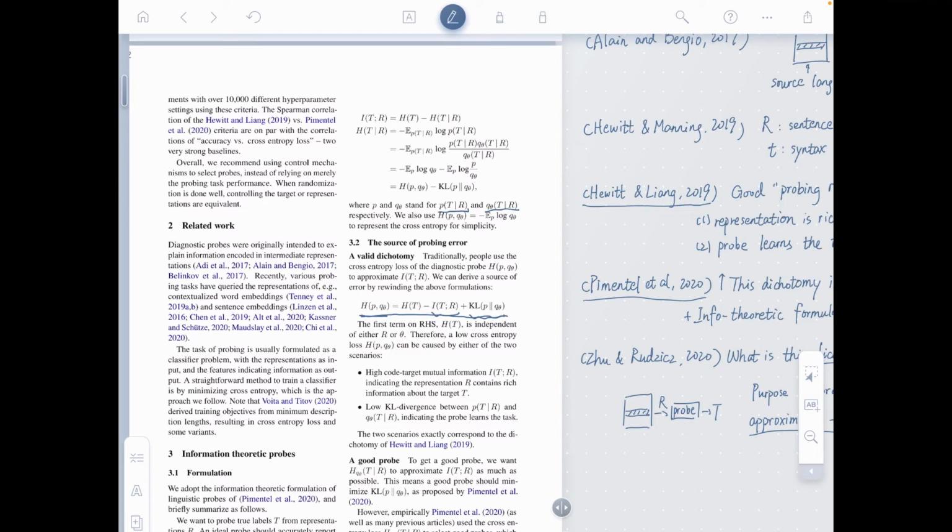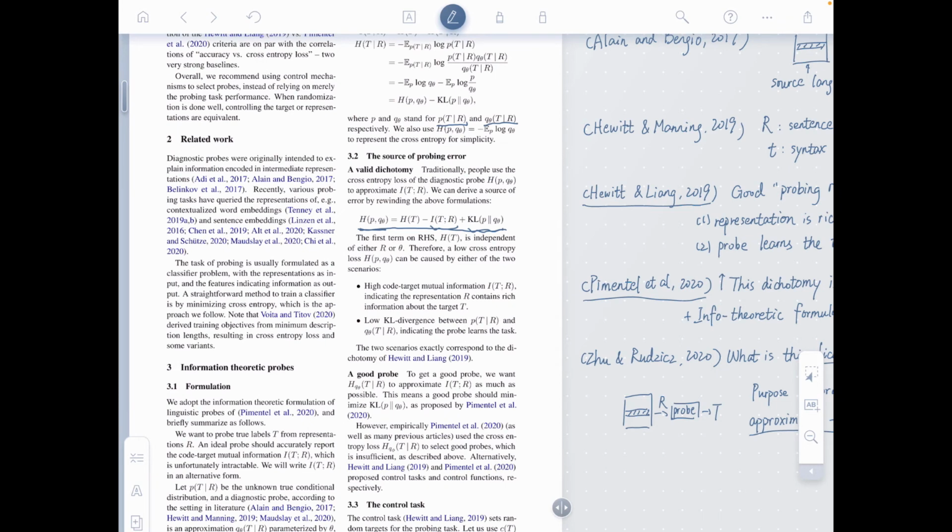P is the unknown true distribution, while Q is the posterior classification probability that the probe wants to approximate. This equation shows that this dichotomy is information theoretically valid, and this dichotomy is a non-exclusive OR.